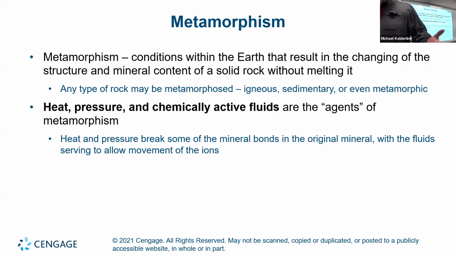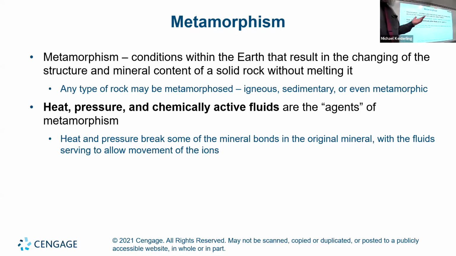So metamorphism is the conditions in the earth that result in the changing structure and mineral content of a solid rock without melting it. Any sort of rock can be metamorphosed: igneous, sedimentary, or even other metamorphic rocks. The agents of metamorphism are heat, pressure, and chemically active fluids, and by chemically active fluids here, we mainly mean water.